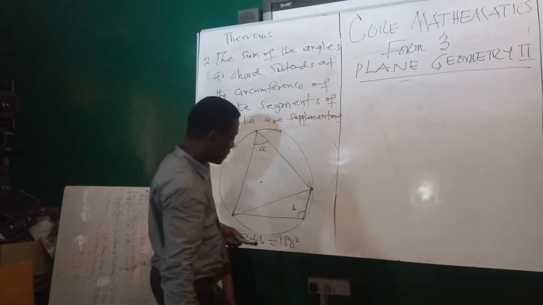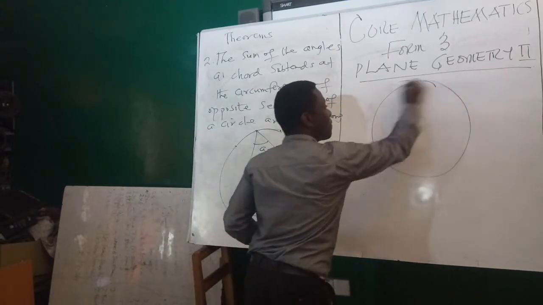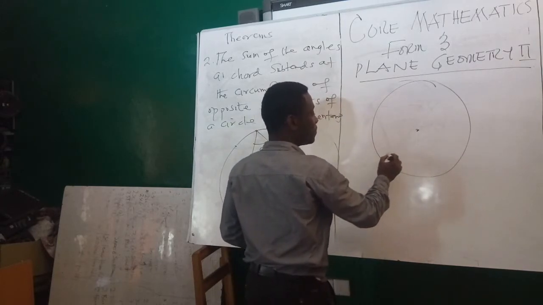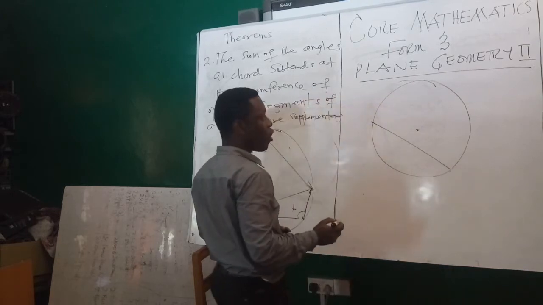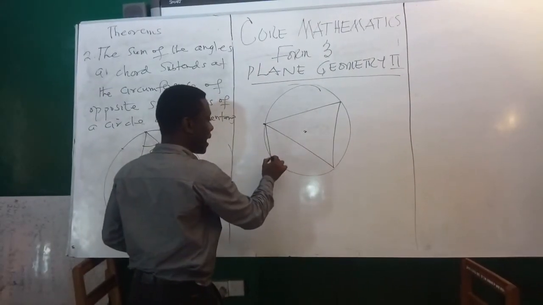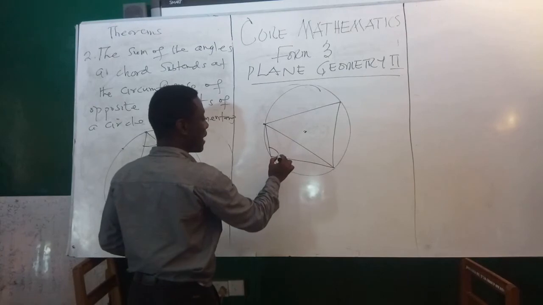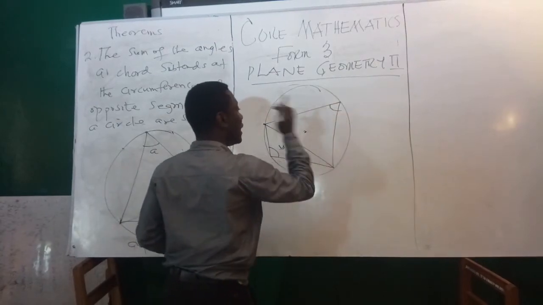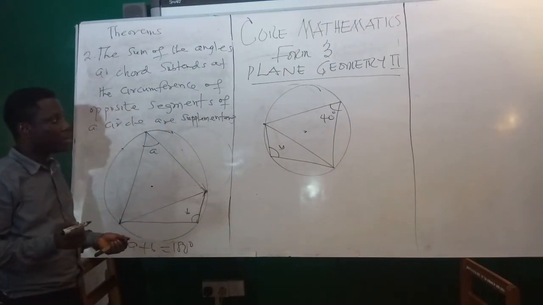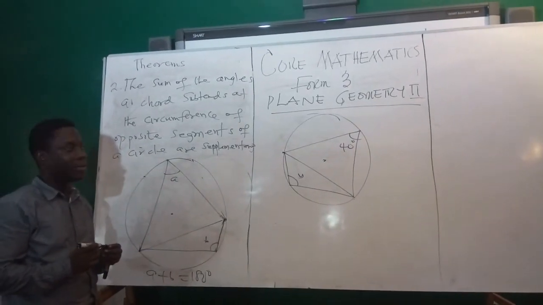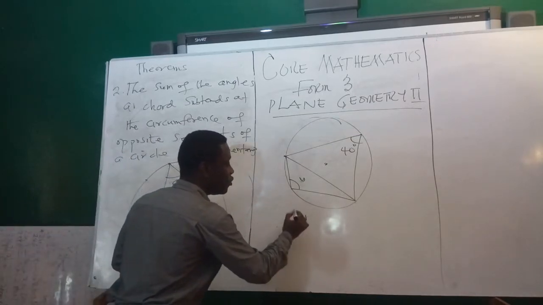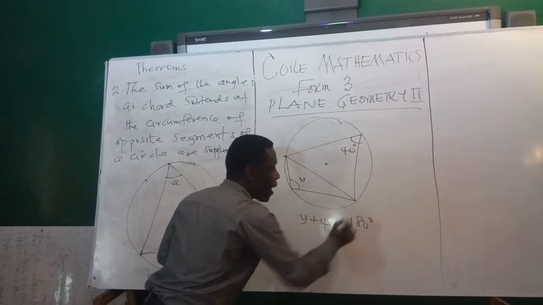Again, I'll quickly give you a simple example to explain. If I have a circle and a chord subtending an angle here, and that same chord subtends an angle in the other segment, such that this angle is Y and the angle here is 40 degrees, and you are asked to find Y. This question follows this theorem, so you can easily say that Y plus 40 degrees should give you 180 degrees.